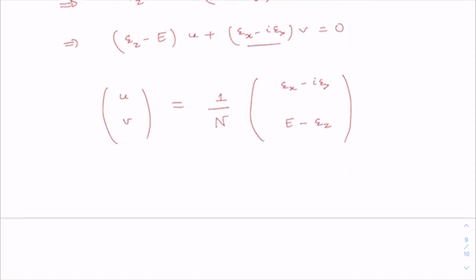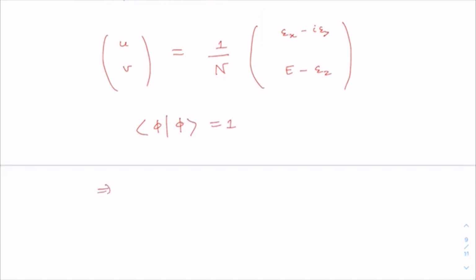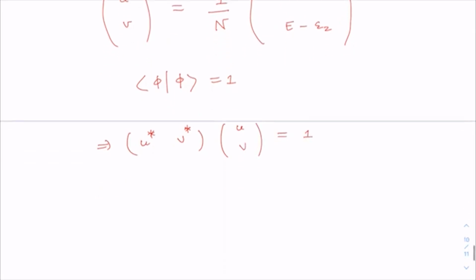Because this ket is normalized, we have u star v star, the row matrix with complex conjugates, times uv equal to 1, and from here you can immediately get that the normalization parameter turns out to be the square root of (E minus epsilon z) whole square plus epsilon x square plus epsilon y square.